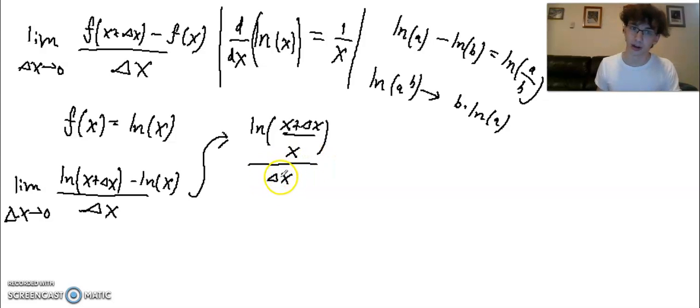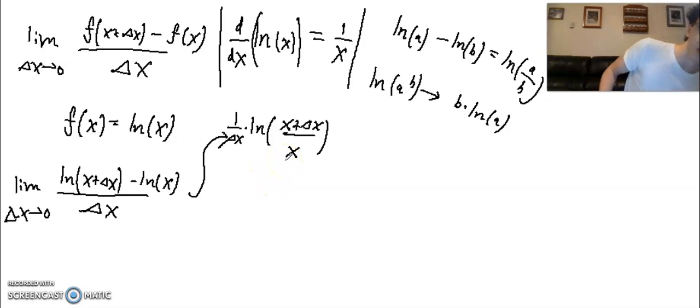And dividing by delta x, we can just rewrite as multiplying by 1 over delta x.